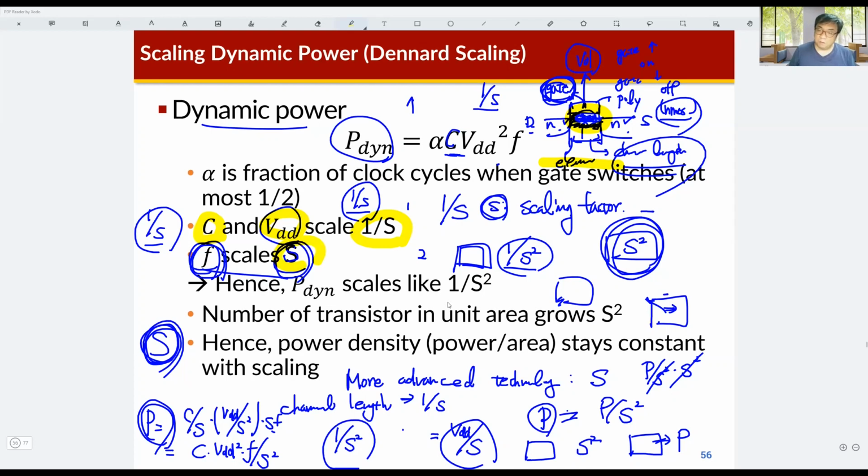So dynamic power is reduced by 1/S squared, and the number of transistors in the same area is increased by S squared. That means the power density in the same area is maintained. That is the Dennard scaling.